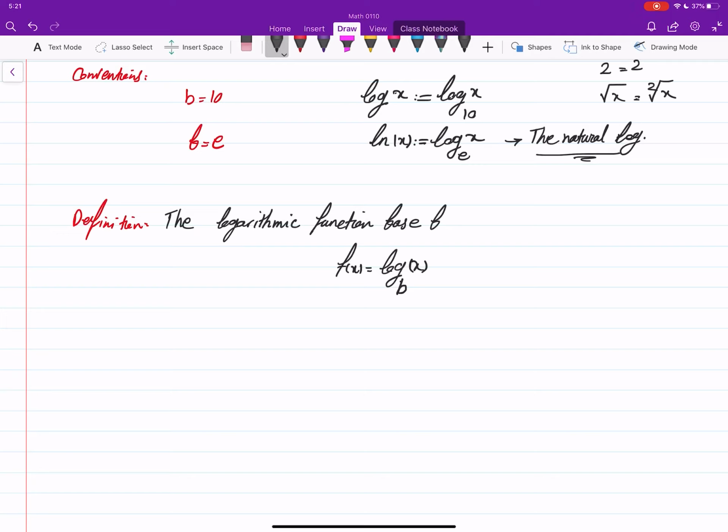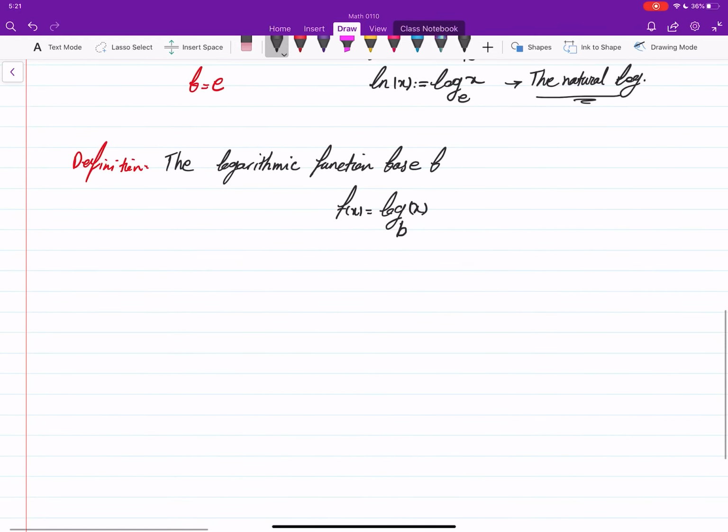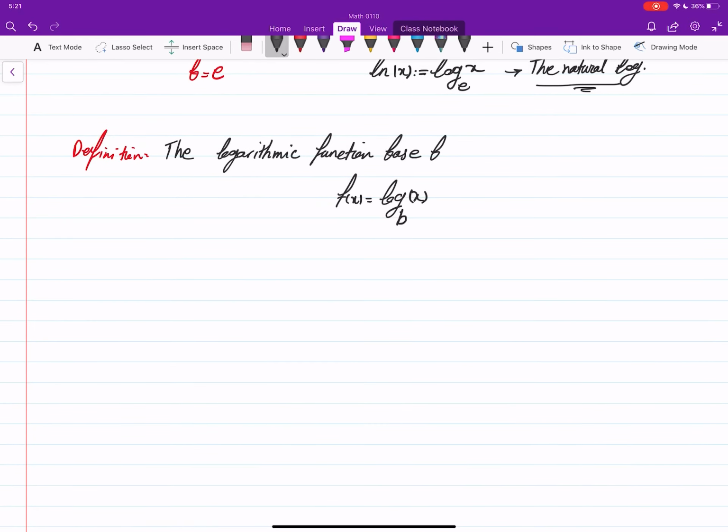And when b is equal to e, the natural one, you have ln x. But when you write it in this way, there will be some new things that you have to tell me.